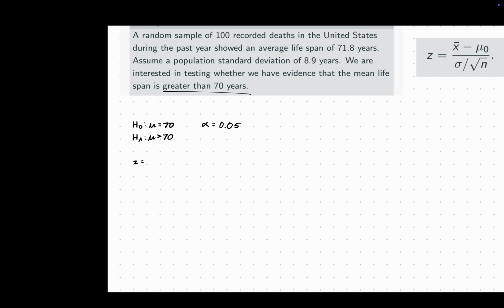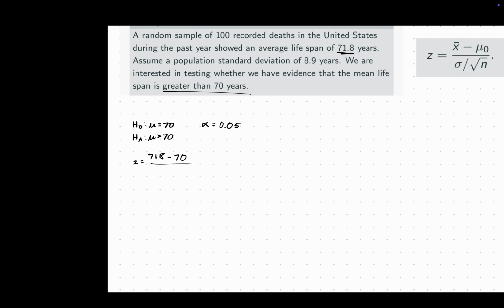In our random sample, our average lifespan is 71.8 years, so that's 71.8. And then we can subtract what we're estimating our population mean to be, and that's 70 years.